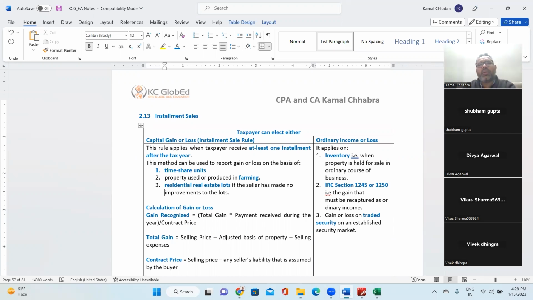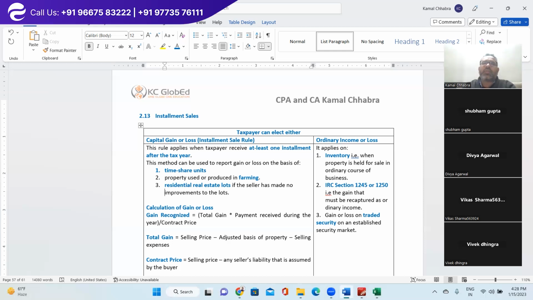So you need to consider that for routine ordinary business income or loss. And the third thing is any trading security, gain or loss on traded security on an established security market. If you are selling any security, whether equity, debentures, or bonds, which are traded on any stock exchange, those also are not eligible for capital gain.